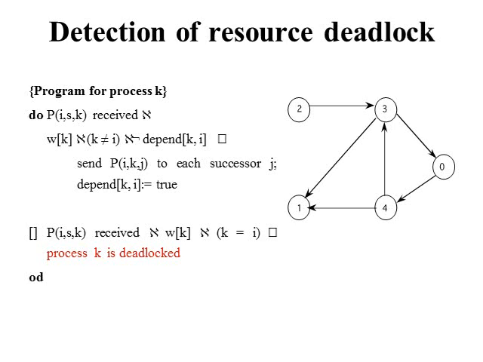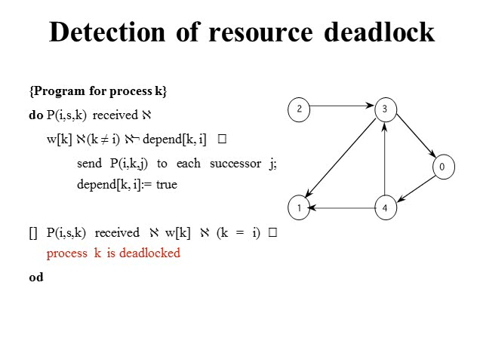It's going to send a probe on all its outgoing edges. It's going to send the probe by changing the sender and the receiver values. The sender is going to be the process K itself now. The initiator is not going to change.